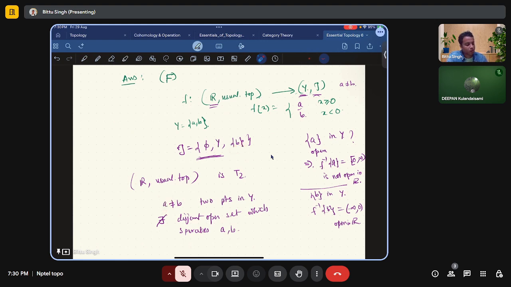The problem is there are not enough open sets. So a quotient of a Hausdorff space may not be Hausdorff. Y comma tau is a quotient space of this topological space. Though this side is a Hausdorff space, this is not Hausdorff.